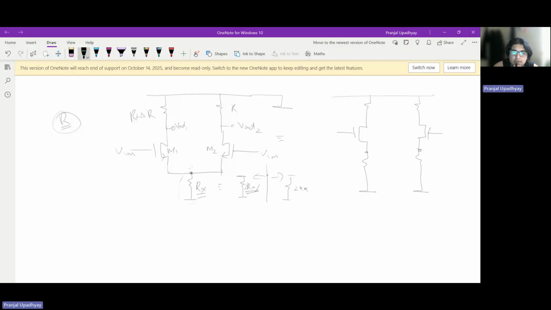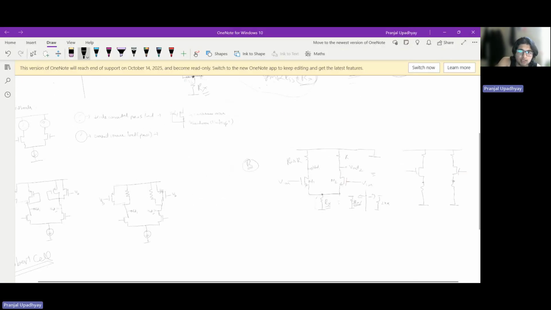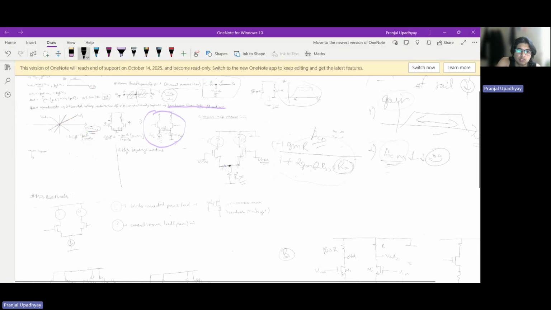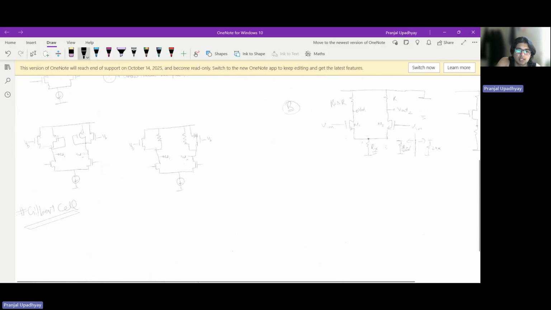This is how you can express the circuit. Now, why have I expressed this circuit like this, or are we even allowed to express a circuit like this, or should I have gone with some different approach? That's the question. Okay, I think this video is going a bit long, and we'll discuss in the next video how to quickly analyze this.